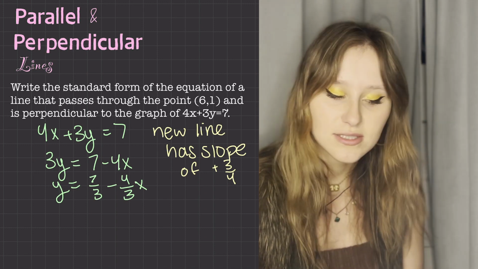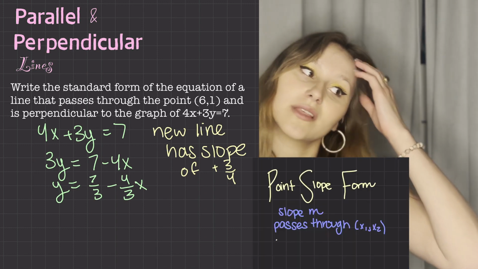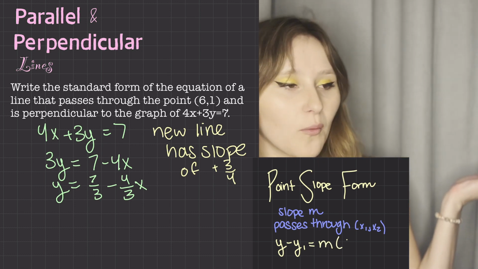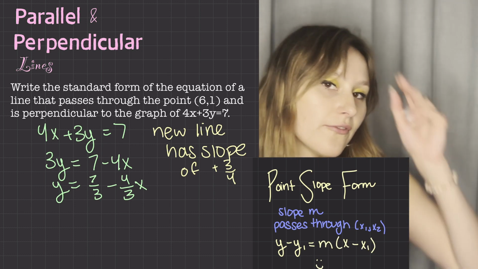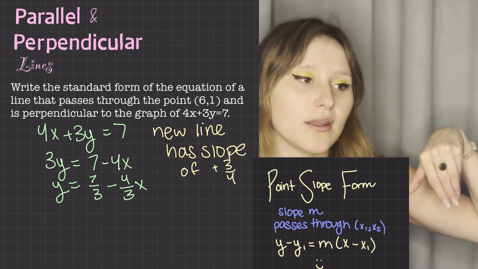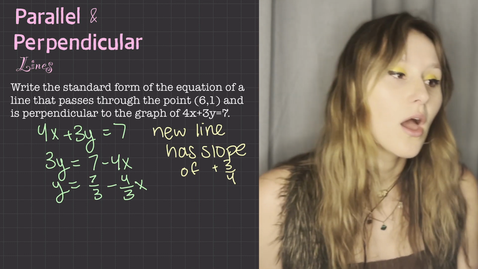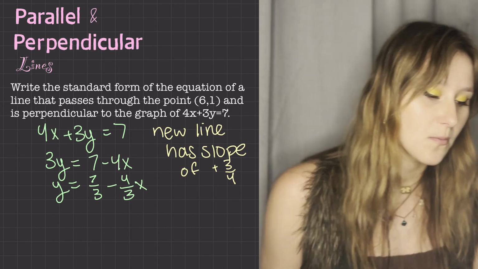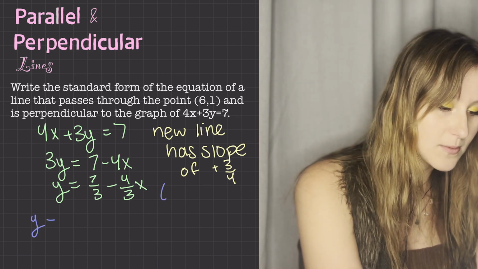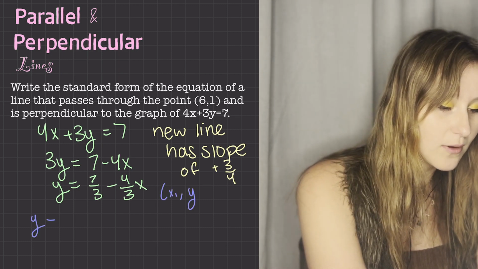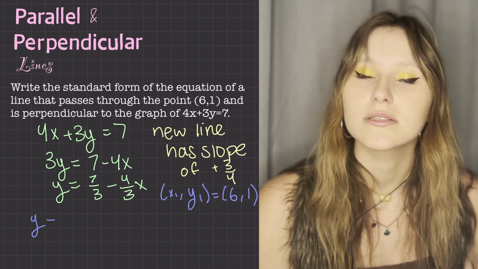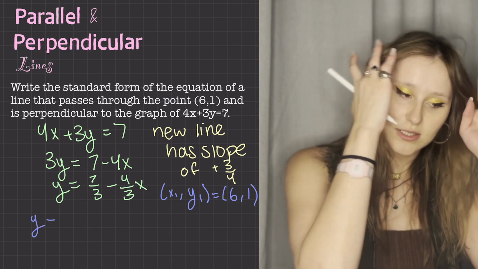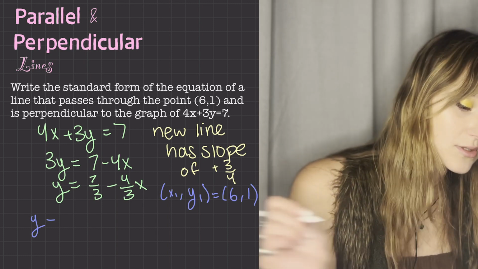And we basically just did all the work if you know point slope form. Y minus y1 equals m times x minus x1 for any x1, y1 in the line, and m is the slope. By the way, I'm just going to write this, x1, y1 is 6, 1, because we have to make sure the line passes through that point.